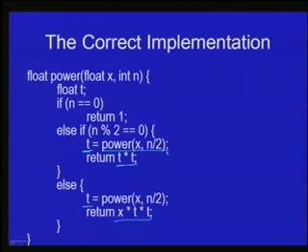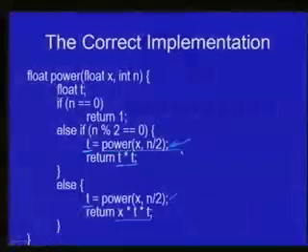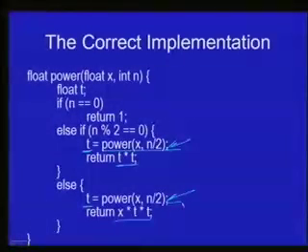There are in this function still two calls to the power function, but for a given value of n, it is easy to see that either this call will be made or this call will be made. Both of them cannot be simultaneously made, because clearly n can be either even or odd, it can't be both.